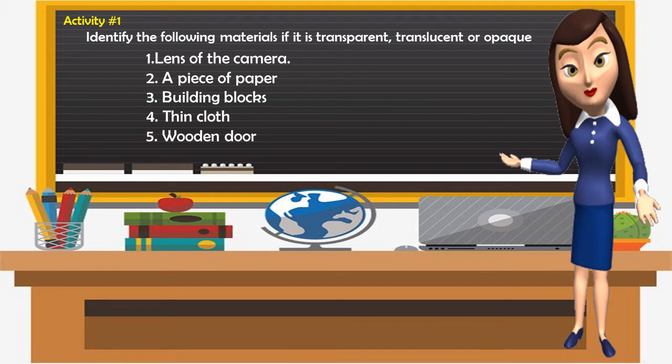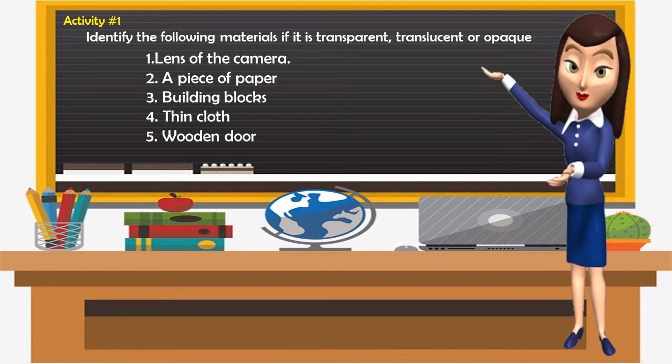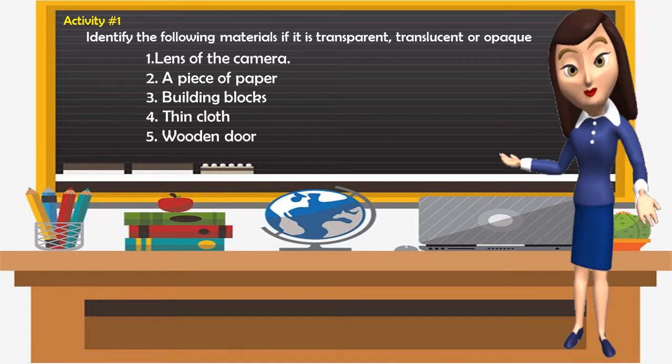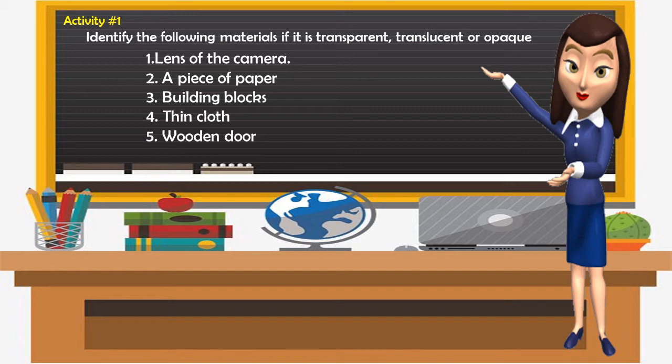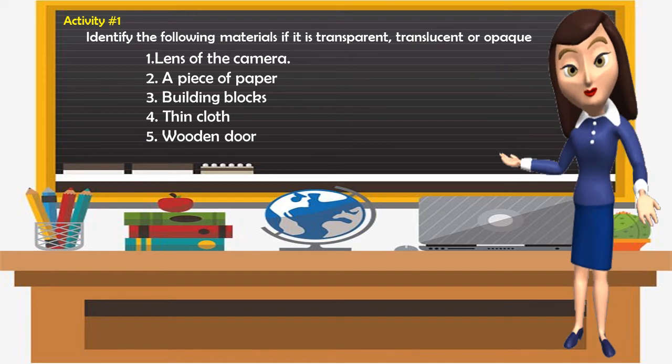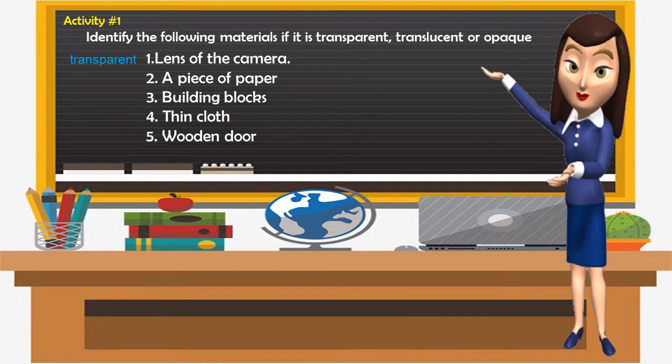Let's have an activity. Identify the following materials if it is transparent, translucent, or opaque. Number 1. Lens of camera. Is it transparent, translucent, or opaque? Yes, it is transparent. Second, a piece of paper.